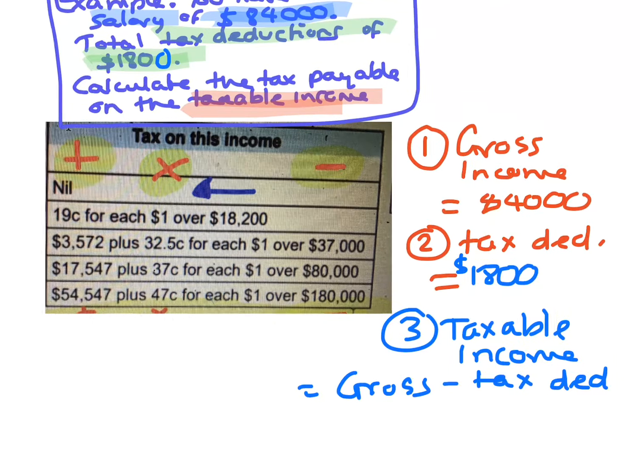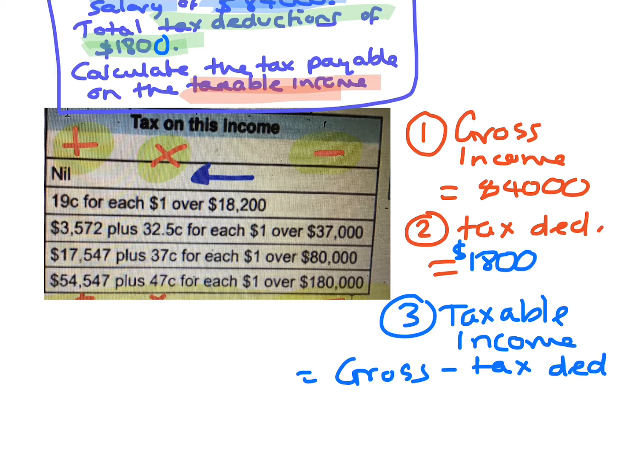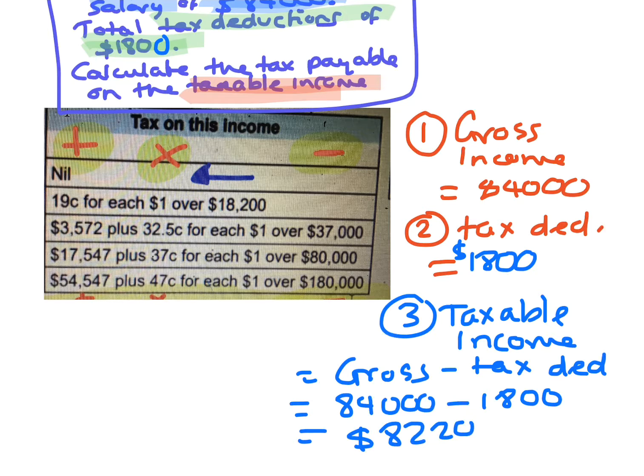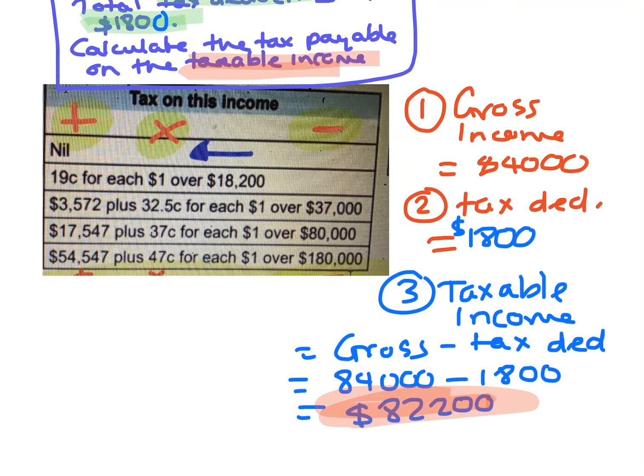So that's 84,000 minus 1,800, and you end up with 82,200. That's your taxable income, and that's what you calculate your tax on.